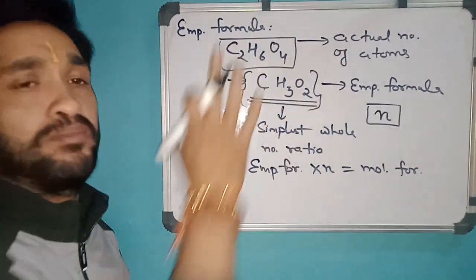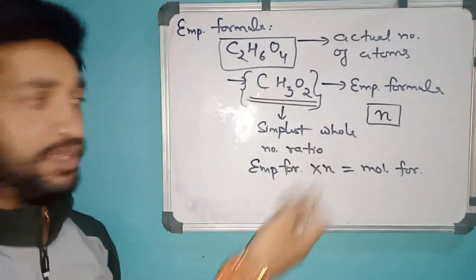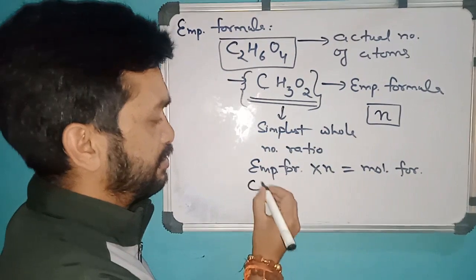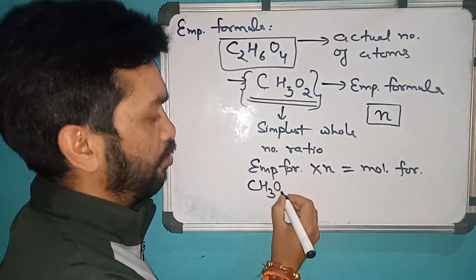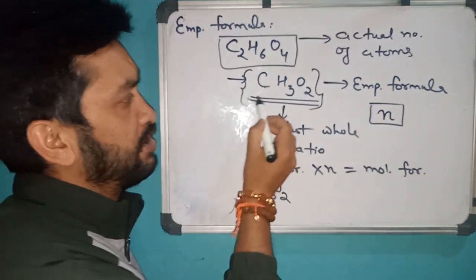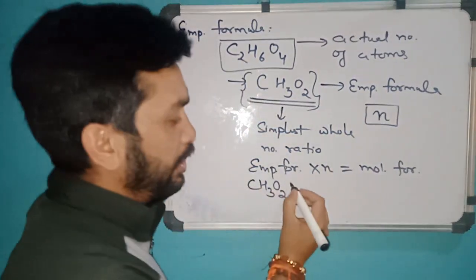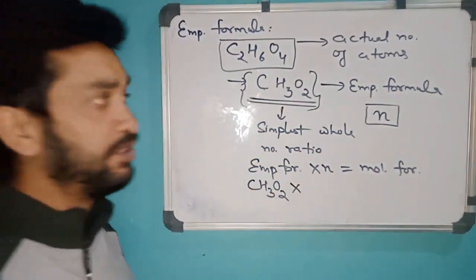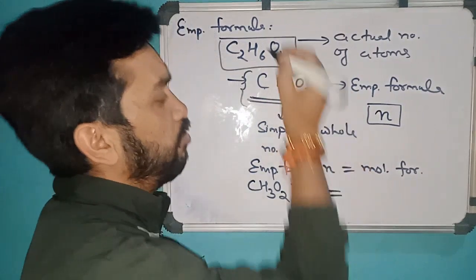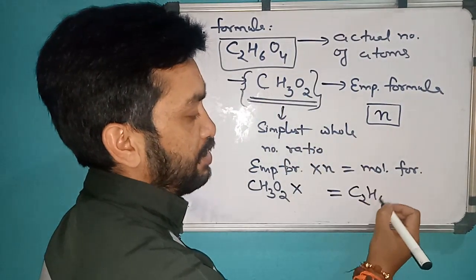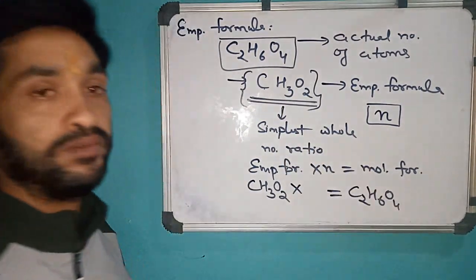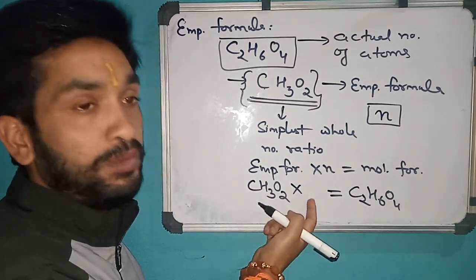Again, from the same example we can see. Take this example again. If I write here CH3O2, because you know this is empirical formula, into N, suppose we don't know the value of N, leave it, is equal to molecular formula, which is C2H6O4.